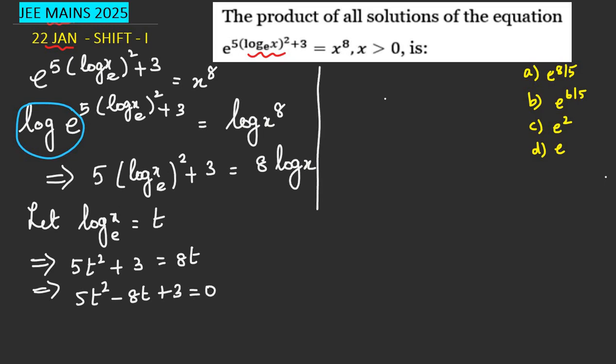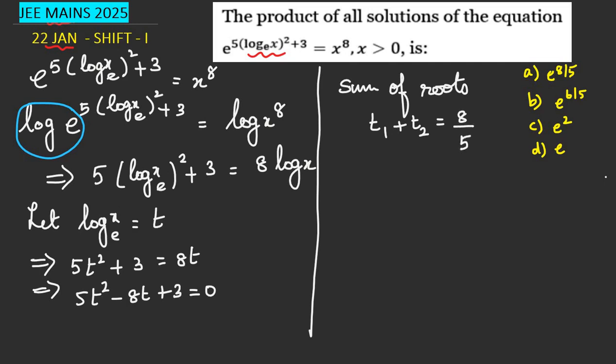Now this is a quadratic equation in t, and therefore the sum of the roots can be written as t1 + t2 = −b/a. So here it is −(−8)/5.